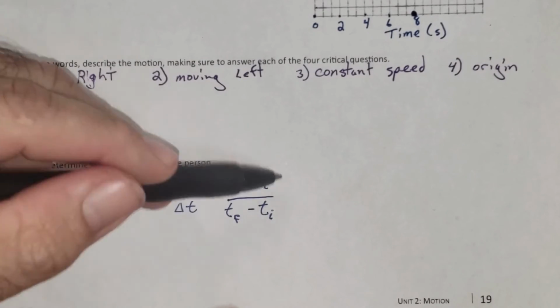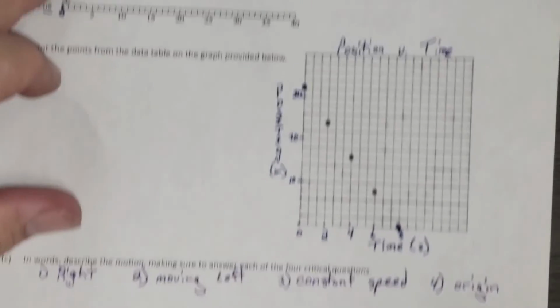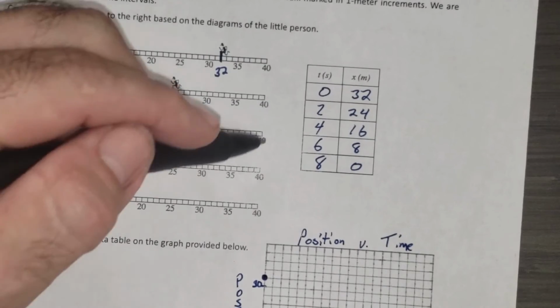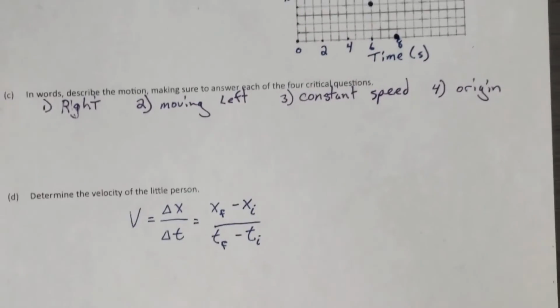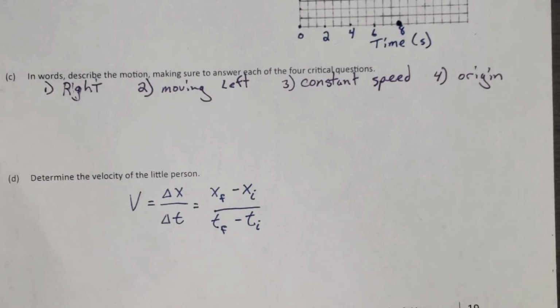Now, in order to find these values, we need to pick 2 points. So I'm just going to go ahead and pick our first point and our last point. All right, so moving back down here, our initial point is going to be 0 and 32, and our final point is going to be 8 and 0.